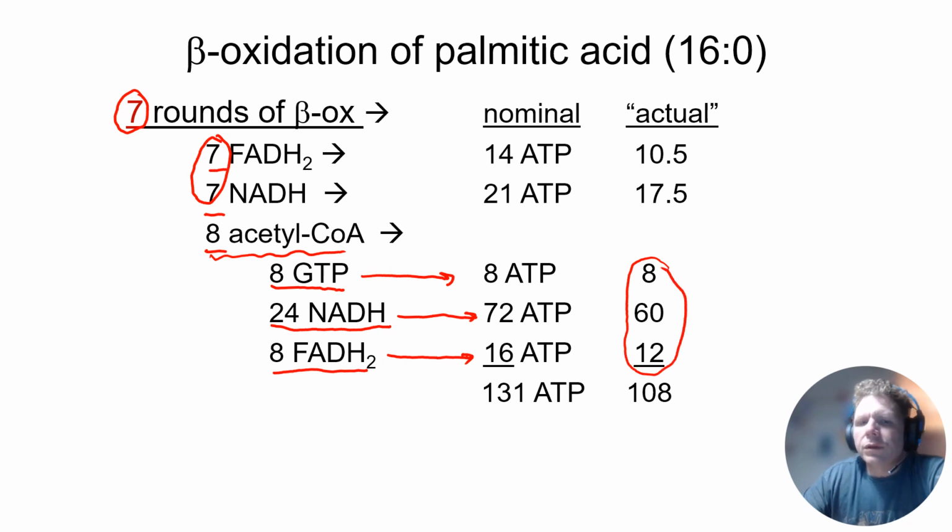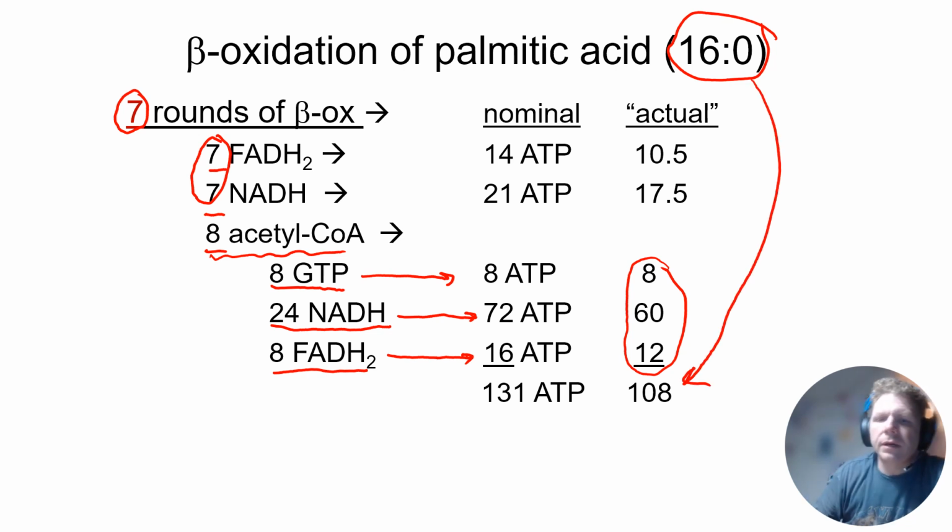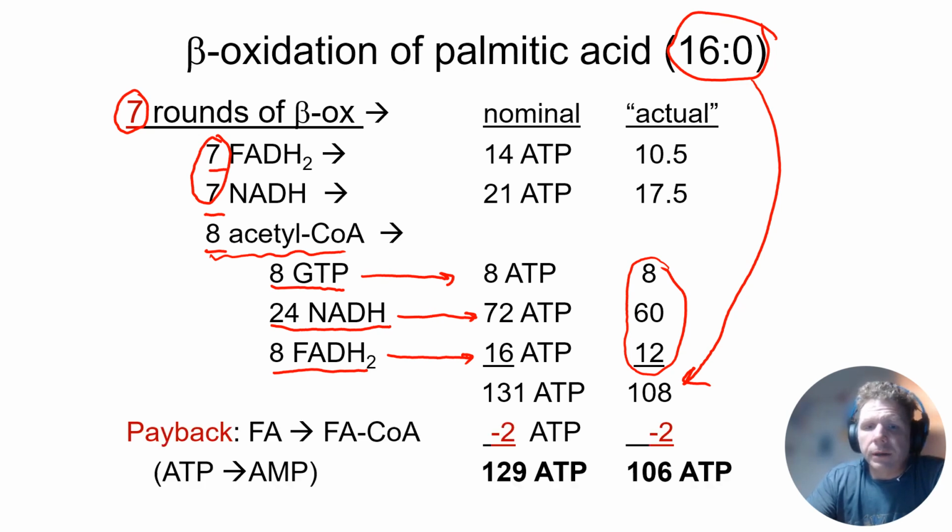Okay, what that means is that in actuality, it's pretty reasonable to say that a 16-carbon long fatty acid is going to produce a grand total of 108 ATP. The nominal number would be 131. So I think it's fair to say that a 16-carbon long fatty acid is going to produce comfortably between 108 and 131 ATP.